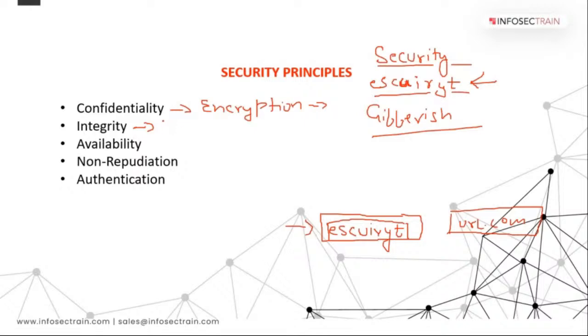So what happens, guys? Hashing is used. Now, what is hashing? In hashing, your data is changed into some code, and that code never changes.